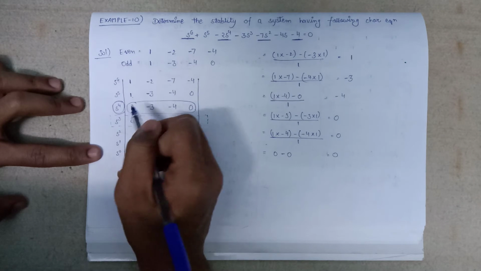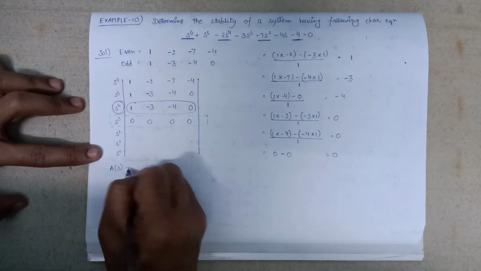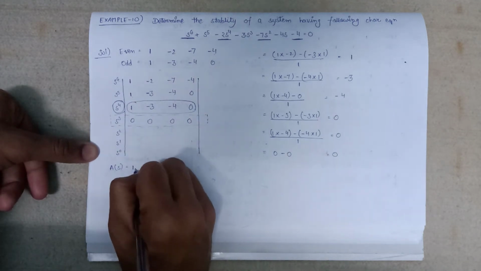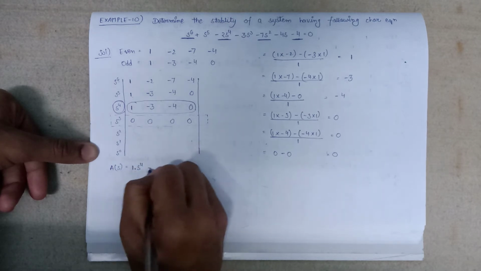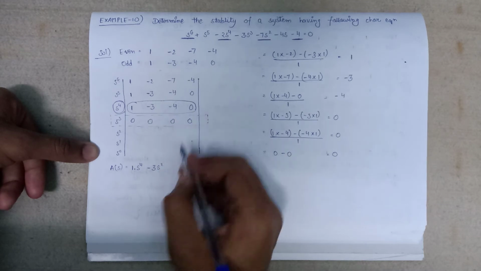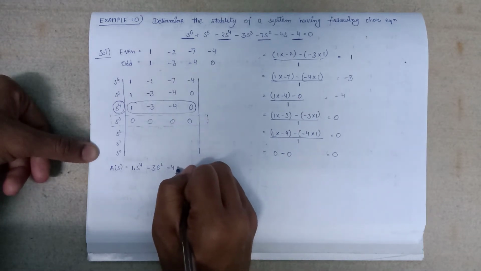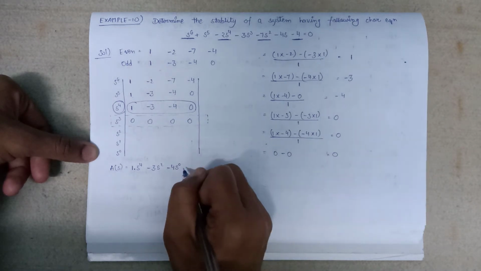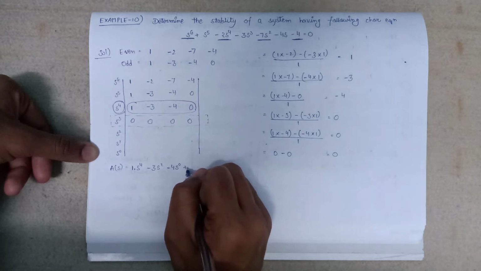So A of s equals 1 s to the power 4 minus 3 s to the power 2 minus 4 s to the power 0, plus nothing.